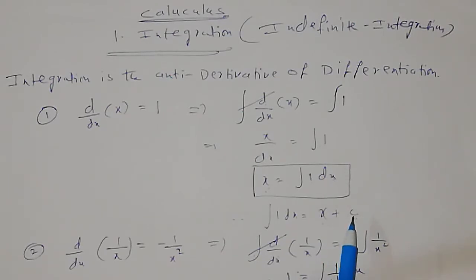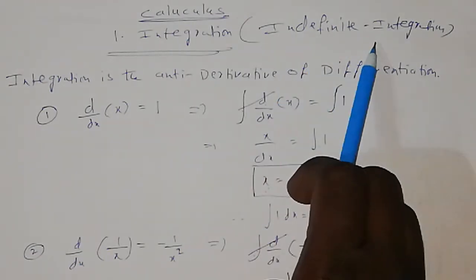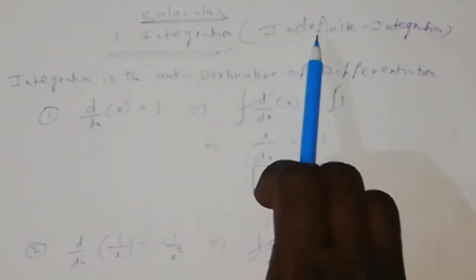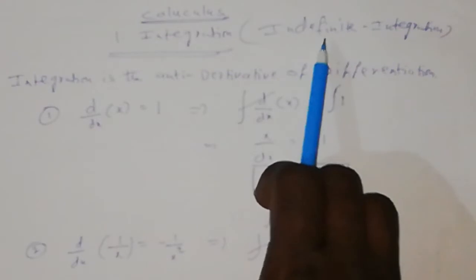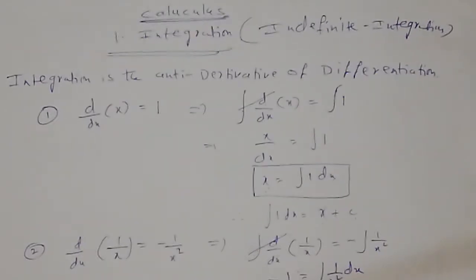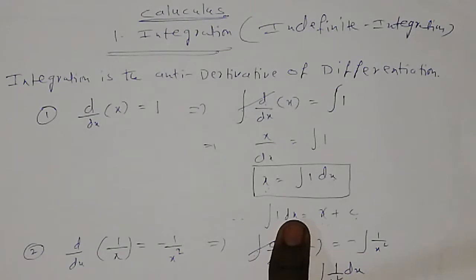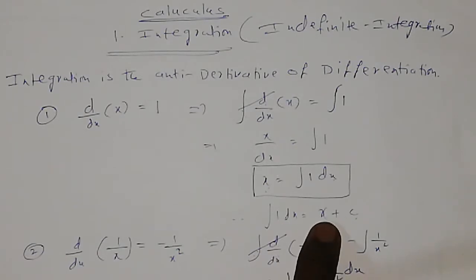Why are we saying plus c? This is the chapter name, indefinite integration. Indefinite means it never ends; it always has some constant value. Here x is not a constant value, it is a variable.